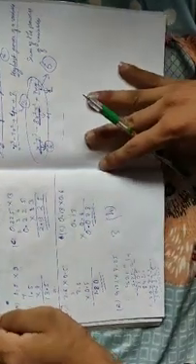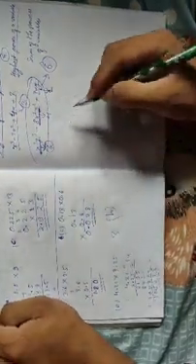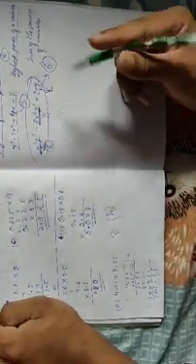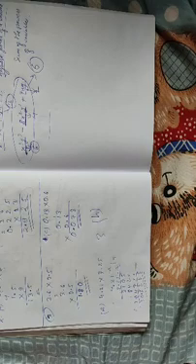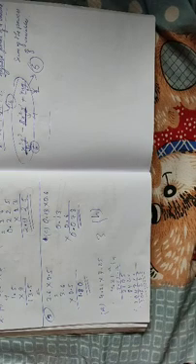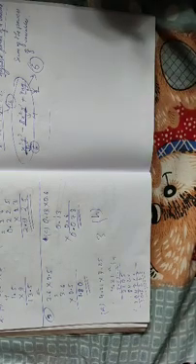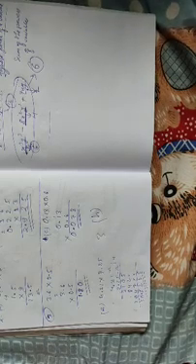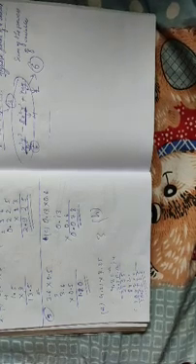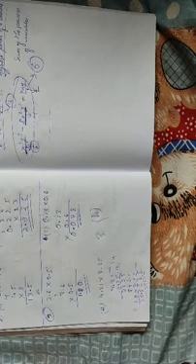The revision exercise number 1 is: classify the following algebraic expressions as monomial, binomial and trinomial. So you have to see which one is monomial, which one is binomial and which one is trinomial. In A, 2 by 3 AB square, how many terms does it have? Since there is no plus or minus sign separating the terms, it has only one term.